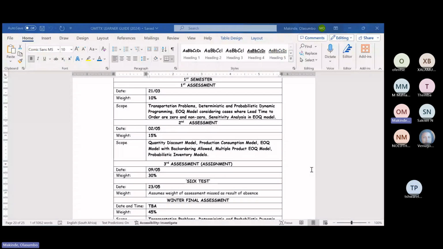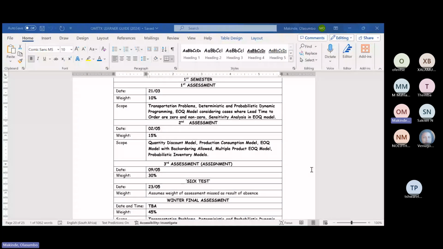So that if you are employed as an inventory control officer, or as a procurement officer in a particular organization, then you know which inventory model you're supposed to use to manage inventory in terms of material required to render service or produce product in your organization. So that is what topic 4 and 5 look at.